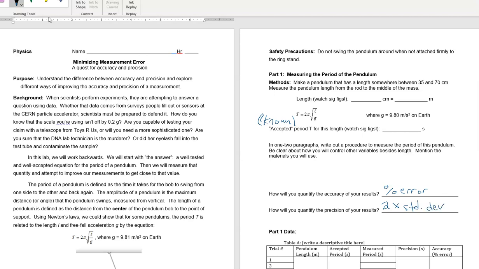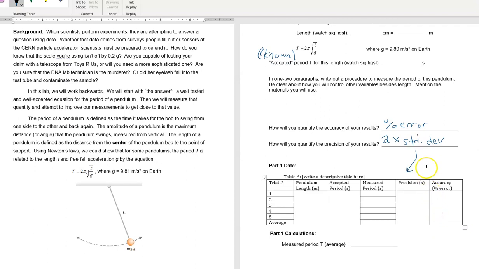So you're going to need to get your calculator, or there are some online calculators that will get standard deviation for you. And once you get it, you're going to take that number and multiply it by 2. That's what goes in this box. So you will calculate that for the whole set. Also, the big box in this data table means there's only one value that goes in it.